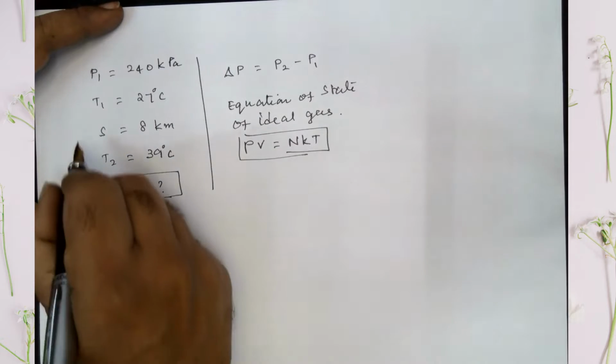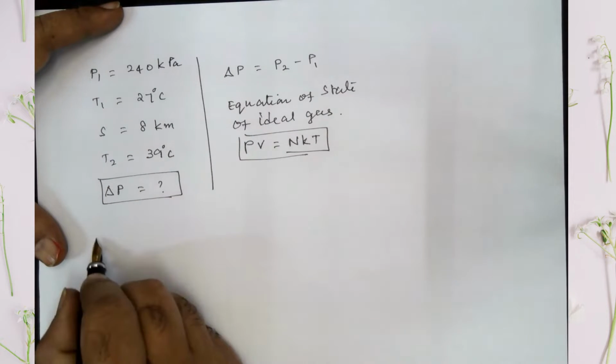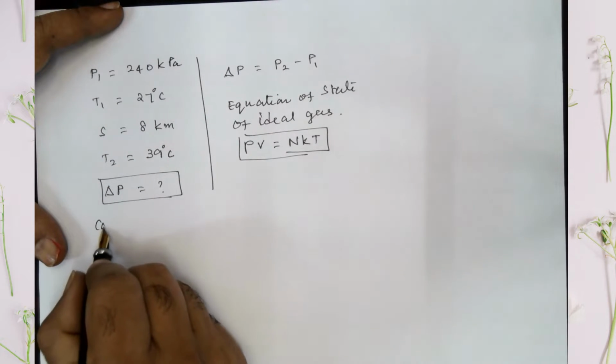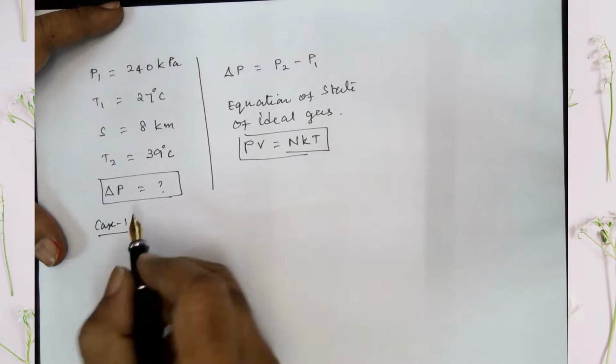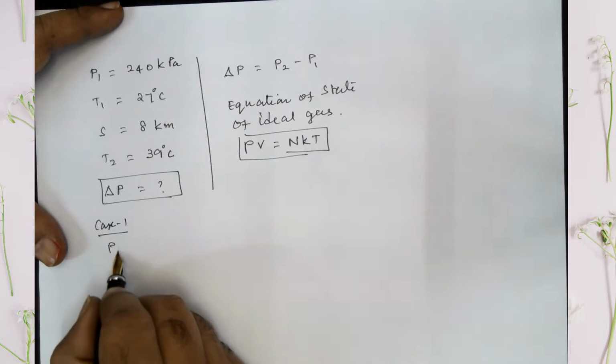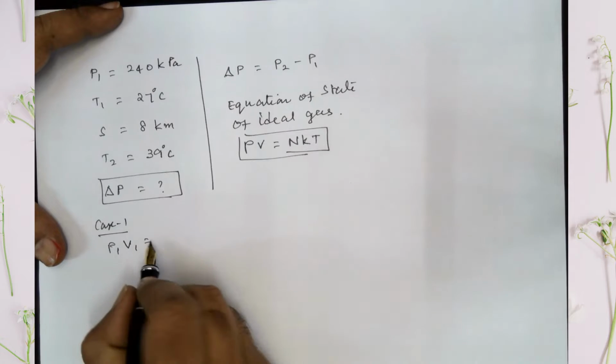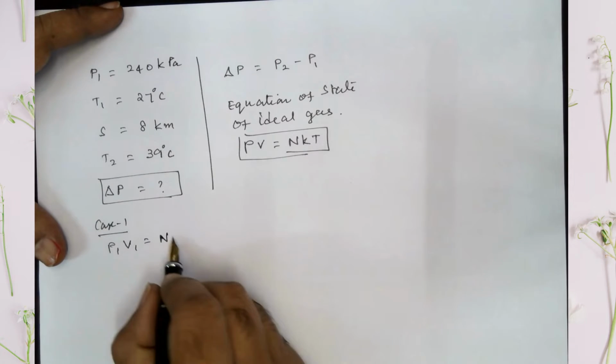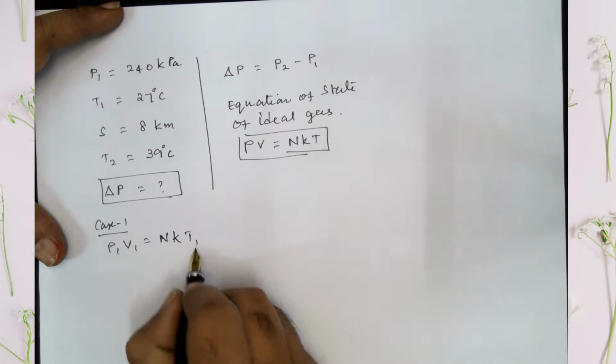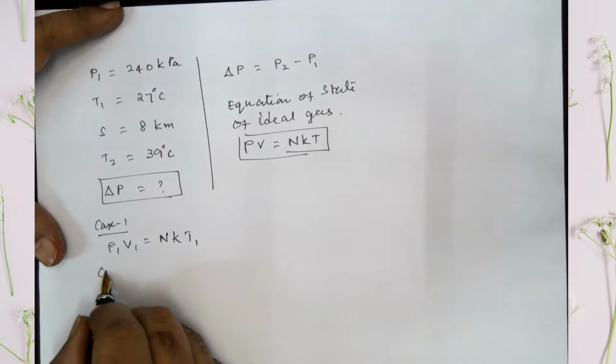So for condition 1, that is the initial state, case 1, we can apply the formula P1 V1 is equal to N K T1. Now what is case 2?